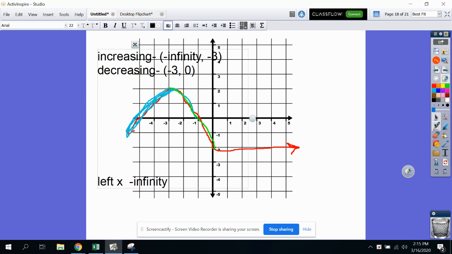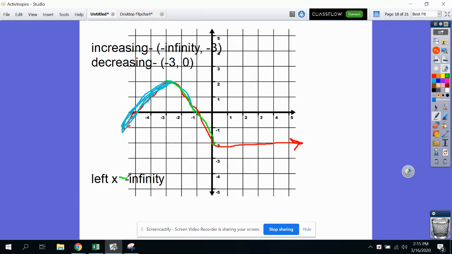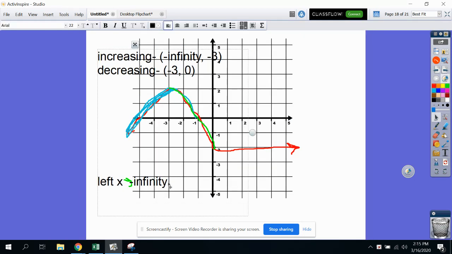So it's written like this: as x approaches negative infinity. And then on the right side, you write it as x approaches infinity.